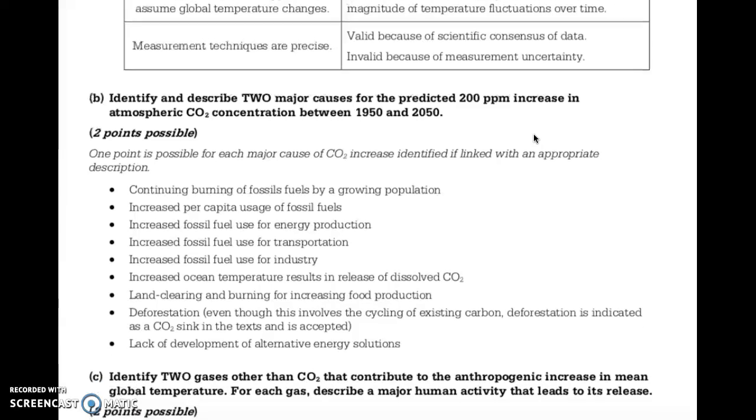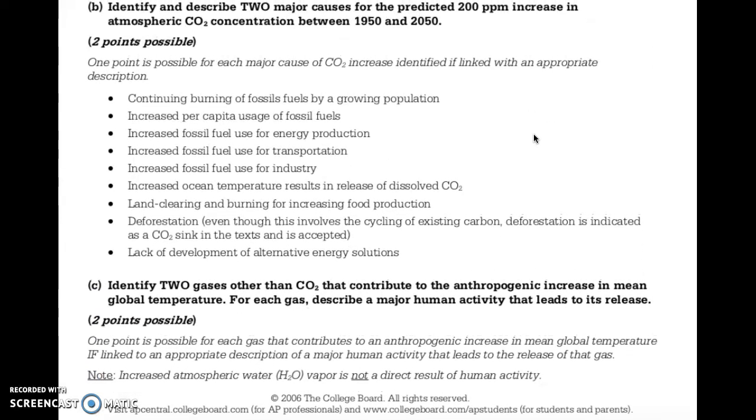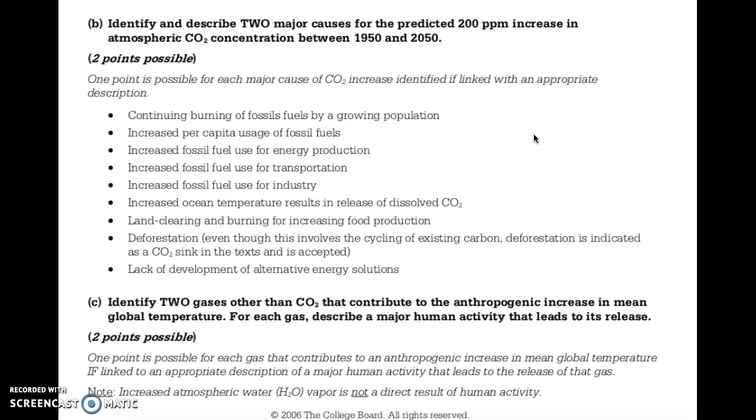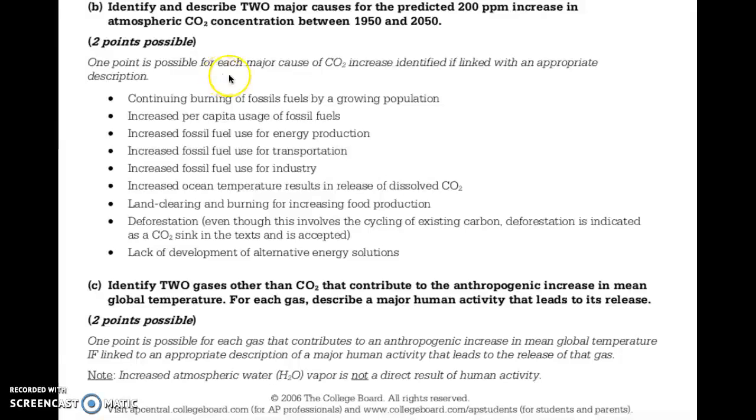So there's that. Part B, there's 2 points for part B. Identify and describe 2 major causes for the predicted 200 parts per million increase. So you get 1 point for each major cause only if you identify it and describe it.